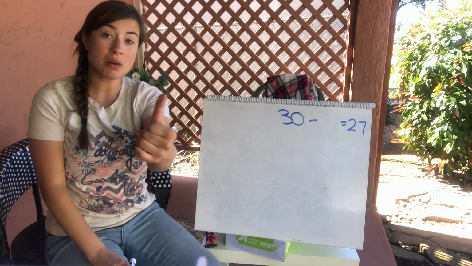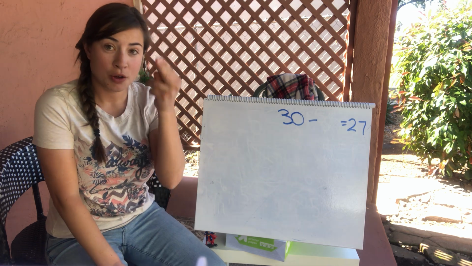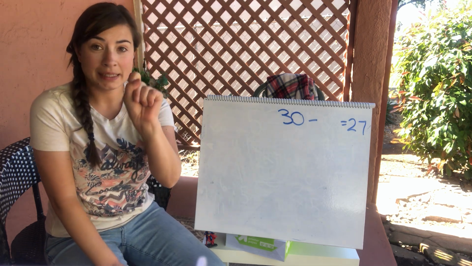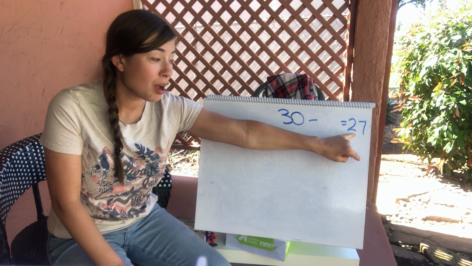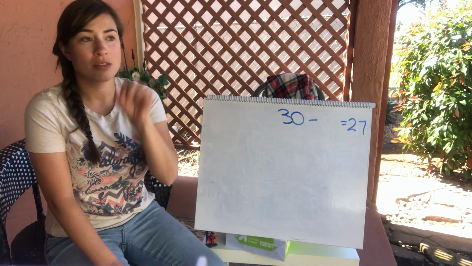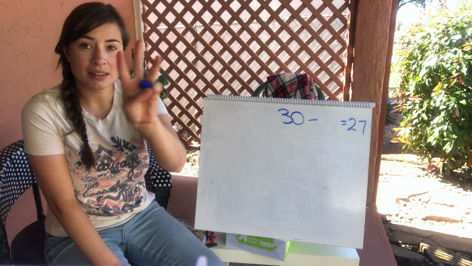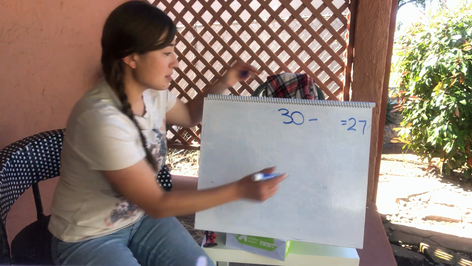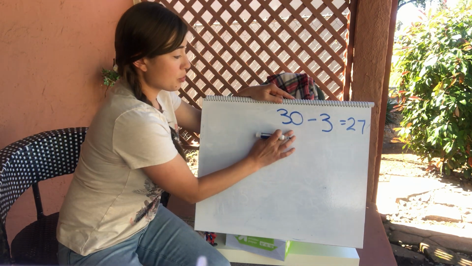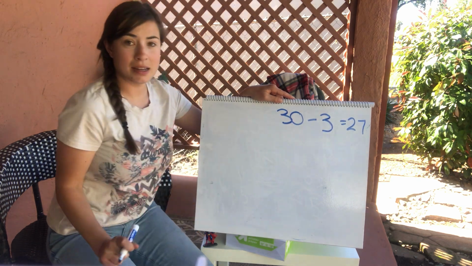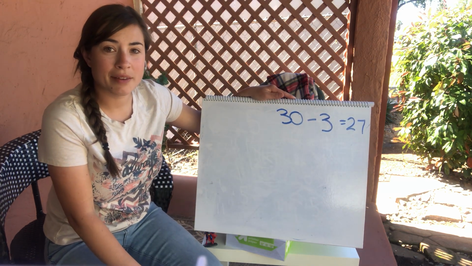We're going to start at 30 and count backwards. 30, 29, and again, I'm going to stop when I get to 27. So let's start over again. 30, 29, 28, 27. I counted back 3 numbers. 30 minus 3 is the same as 27.